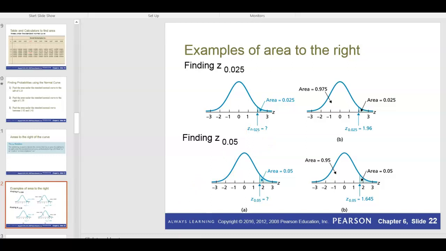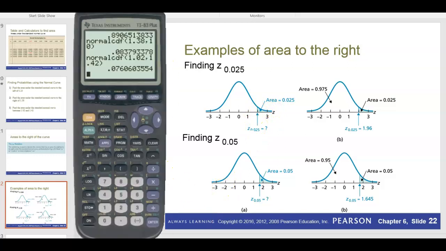So this is just the opposite of what we did before. Before they gave us the z-score and we wanted to find the area. Now they're giving the area to the right and we have to find the z-score. And so it's going to look something like this. Let me clear all this. I'm going to go to second and vars. And now I'm going to go down to inverse norm. If you go to inverse norm, it's asking now for the area to the right of a certain z-score.